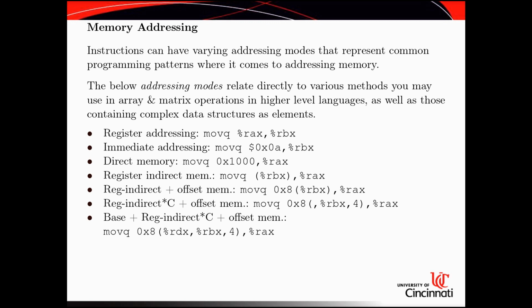And you differentiate this one, number 4, from number 1 using parentheses. Again, I'm using the AT&T syntax here. So to make things even more complicated, the Intel syntax looks almost completely different from this.